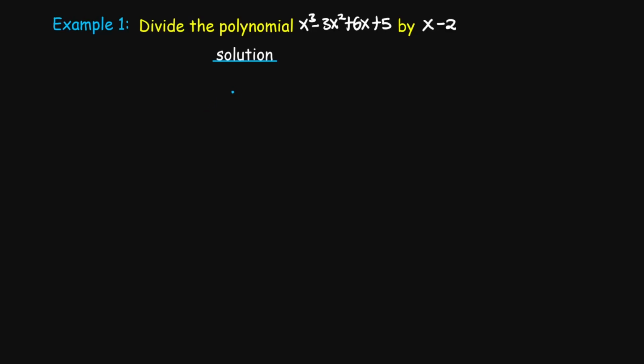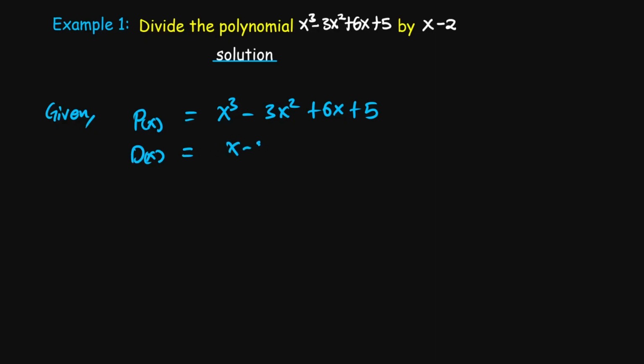Example 1. Divide the polynomial x cubed minus 3x squared plus 6x plus 5 by x minus 2. So we are given a polynomial x cubed minus 3x squared plus 6x plus 5 and the divisor, which is x minus 2.